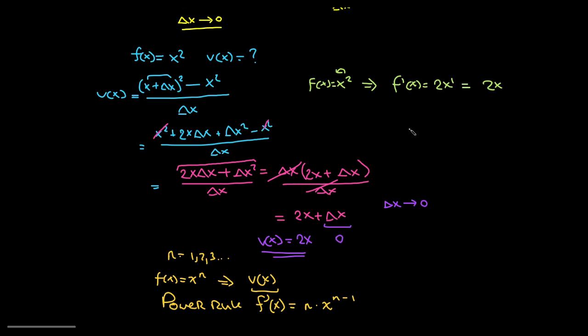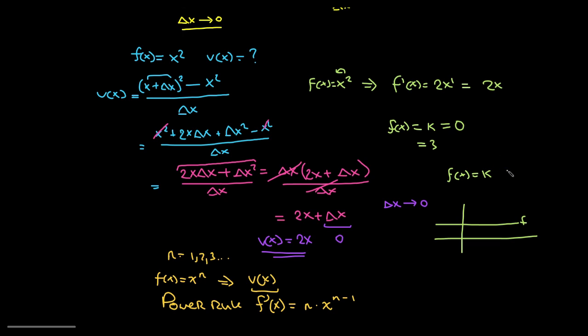Now the last examples will be a bit more standard. Say you have f of x equal to just some number k, for example, so this can be 3 or pi or whatever you want really. The derivative will always be 0, because if you think about it, a function that's just a number is just a horizontal line, and the slope of a horizontal line, as we saw before, is always 0.